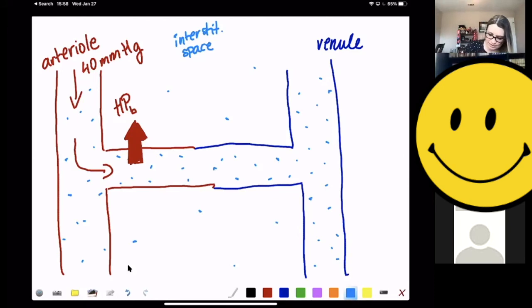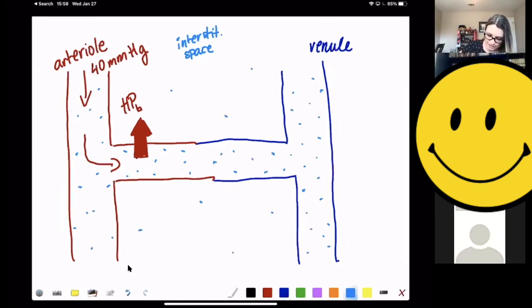And so what we would see here is a pool of water, I'm going to make this a little bigger, into the capillary. It's smaller than the red one, okay?